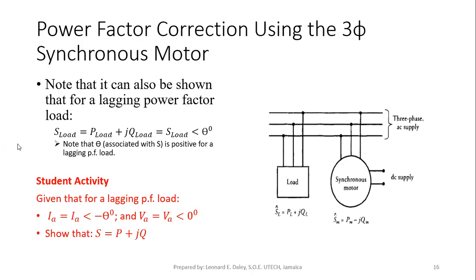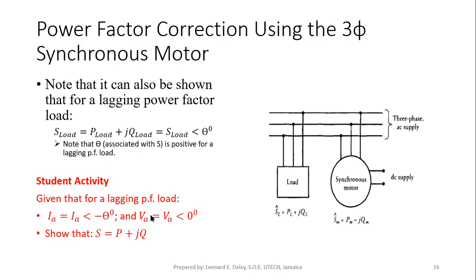All right, this is something that I want you to do also when you have some spare time. I want you to prove that for a lagging power factor load, S is equal to P plus jQ, and S would have a positive angle theta. You can start by looking at this: for a lagging power factor load, IA would be equal to IA angle minus theta.